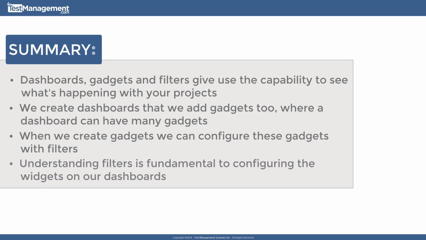And finally, understanding filters is fundamental to configuring the widgets on our dashboards. And getting to grips with those filters is fundamental, and getting the most out of Jira comes from understanding those filters and applying search criteria and defining search criteria in those filters.